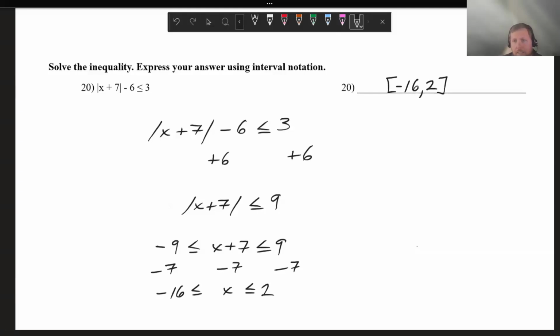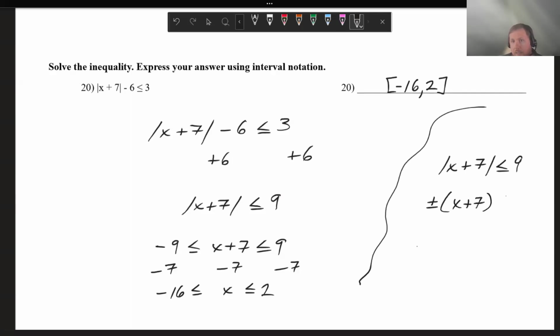And again, there's another way to think about it. Once we have it to this point, the way that I like to approach these is I'll take the absolute value and rewrite it as plus or minus. And now that gives me two inequalities.